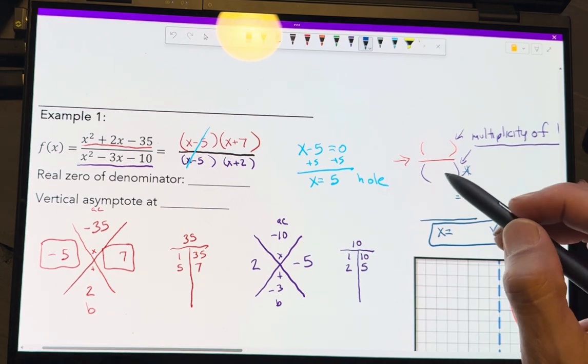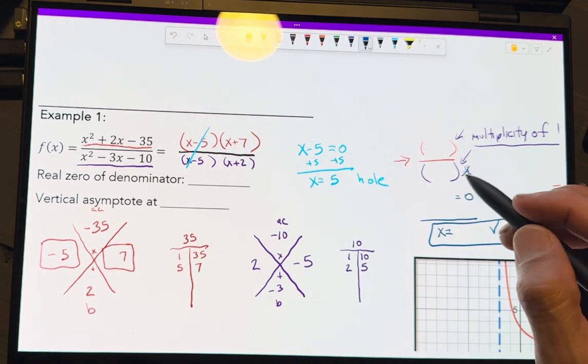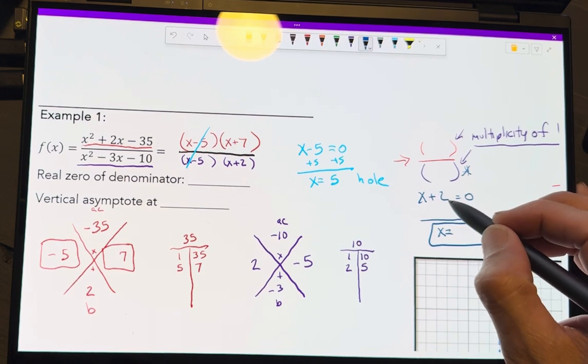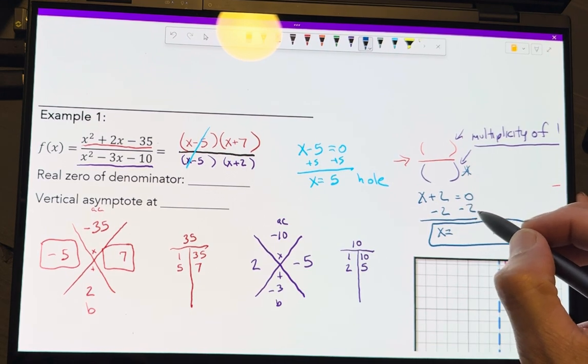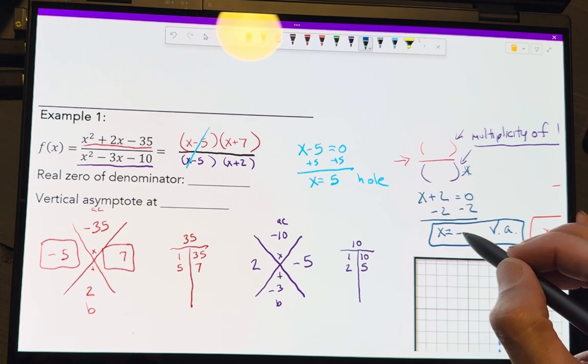We have x plus 2, because it's not a common factor. So x plus 2 is equal to 0. Subtract 2, x is equal to negative 2.